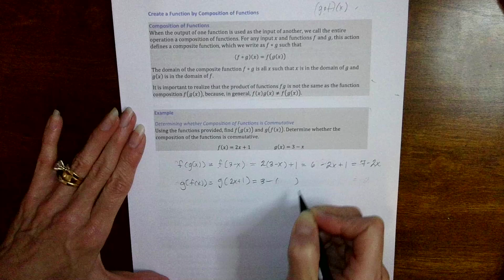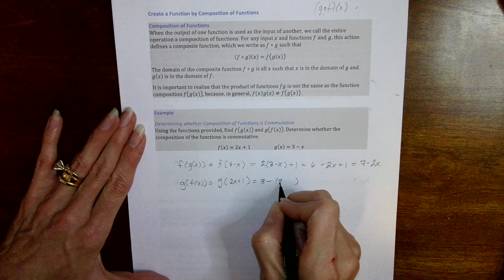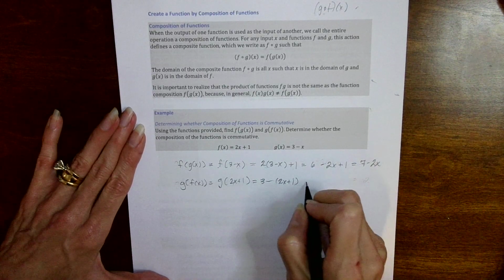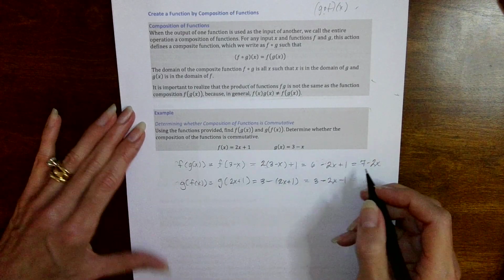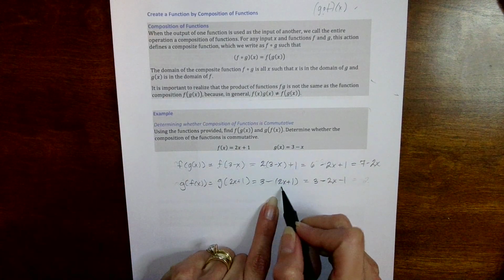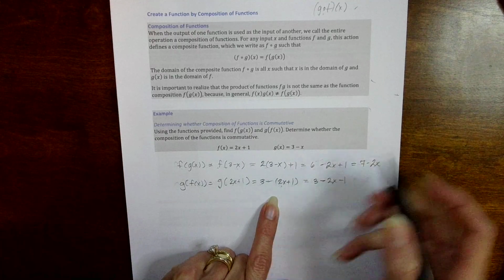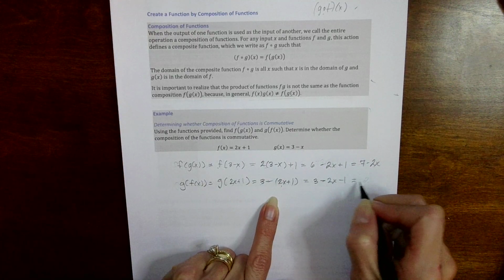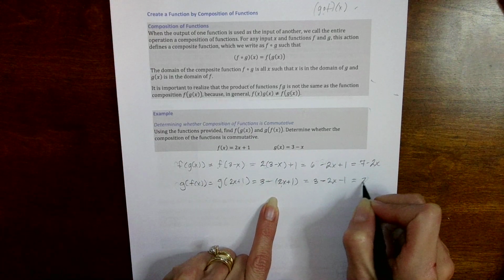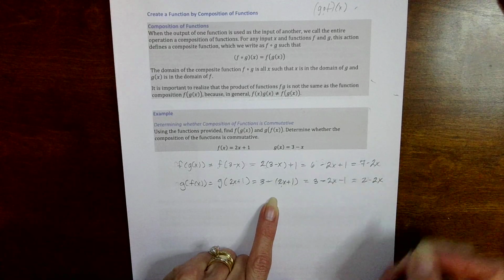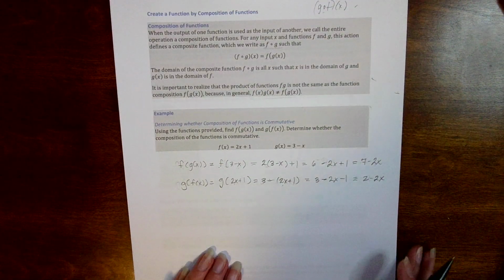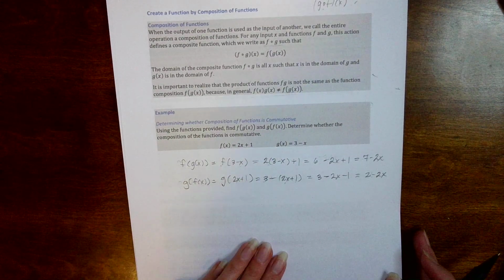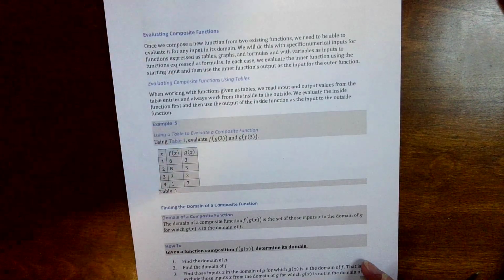I'm going to leave big parentheses where I see x, and put 2x plus 1 in here, and that gives me 3 minus 2x minus 1, and that gives me 2 minus 2x. So they are not the same. Fog and goff in this case are not the same.